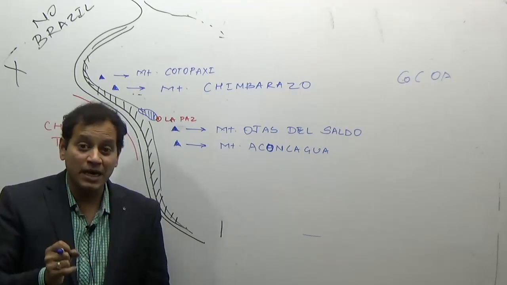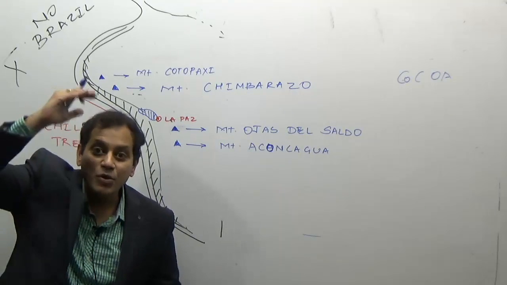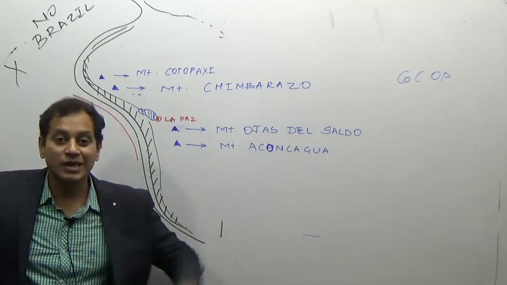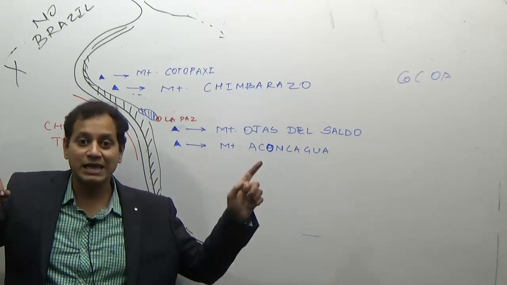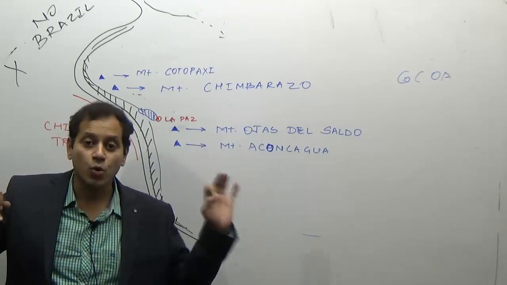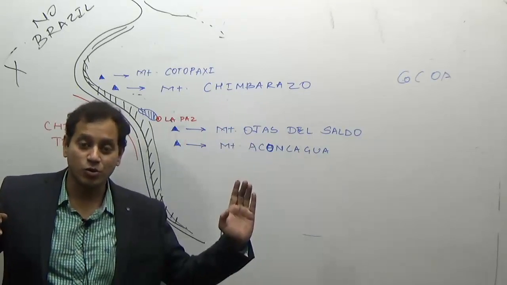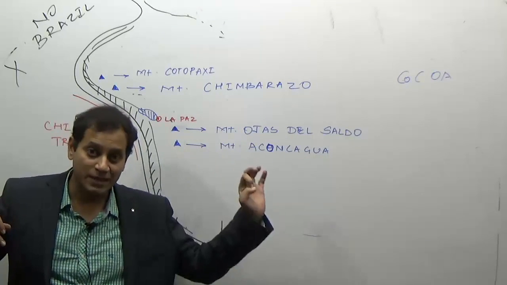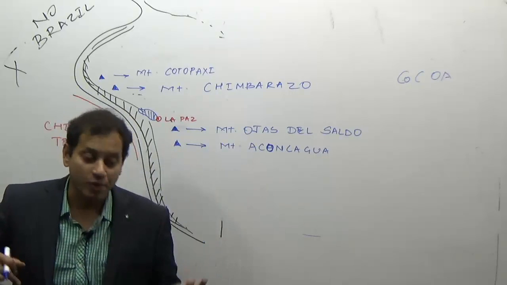In fact, Colombia is one of the largest producers of cocaine in the world. So what are the mountains from north to south? It is Mount Cotopaxi, Mount Chimborazo, Mount Ojos del Salado, and Mount Aconcagua. Cocoa, you remember this way. Mount Cocoa is from north to south.